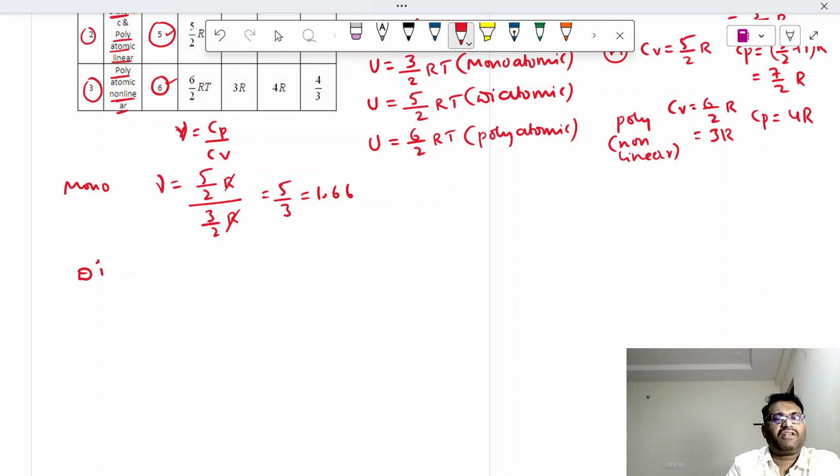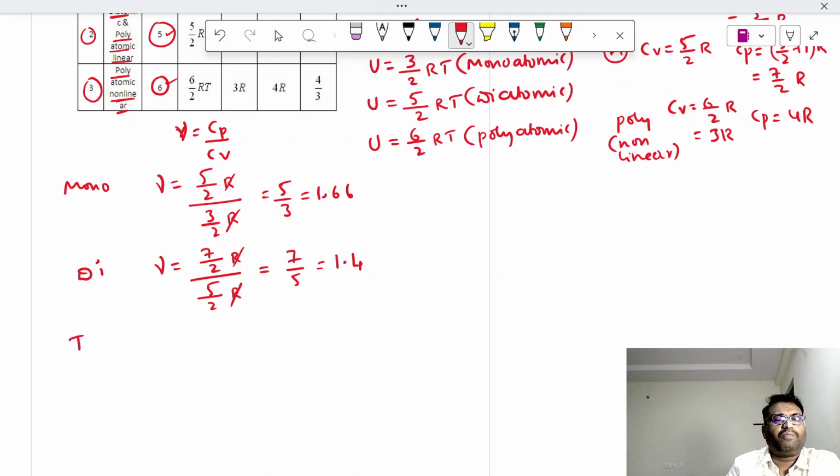For diatomic gas, gamma is 7 by 2 R by 5 by 2 R, which is 7 by 5, 1.4.